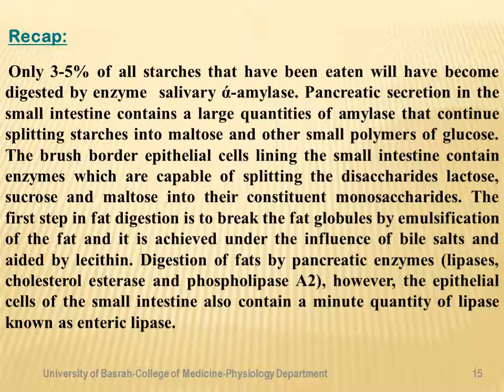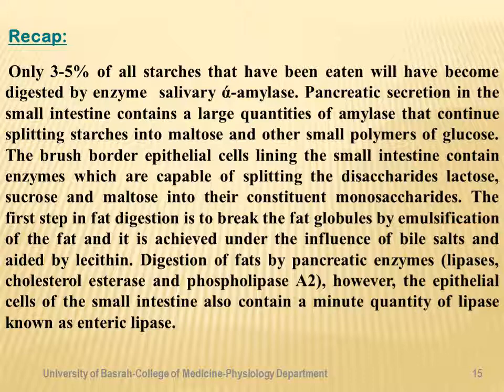Now, in summary to our lecture, only 3 to 5% of all starch that has been eaten is digested by enzymes such as salivary alpha amylase. Pancreatic secretion in the small intestine contains large quantities of pancreatic amylase, which continues splitting starch to maltose and other small polymers of glucose. The brush borders of the intestinal mucosa contain enzymes that break these disaccharides down to simple monosaccharides.